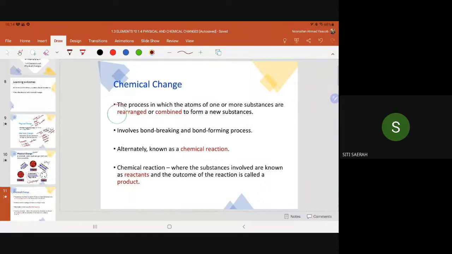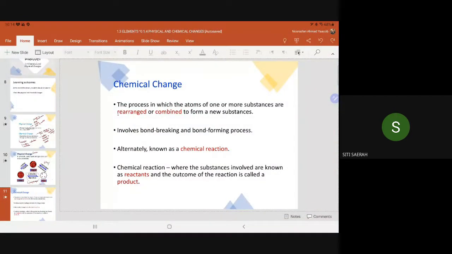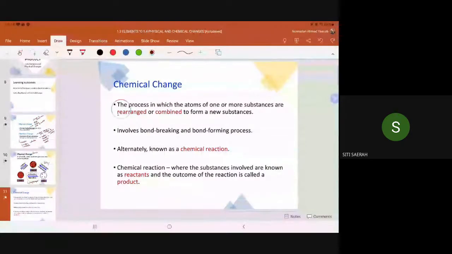Dia melibatkan penyusun aturan. So kita susun atur yang baru lah. Rearrange ataupun combine. Okay, susunan baru. Sentiasa melibatkan proses pemutusan ikatan dan proses pembentukan ikatan yang baru.